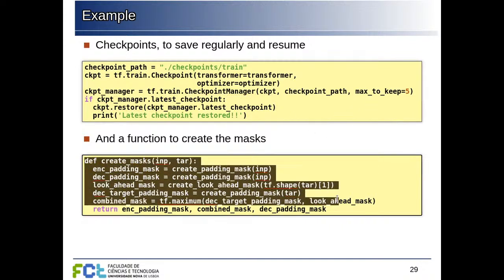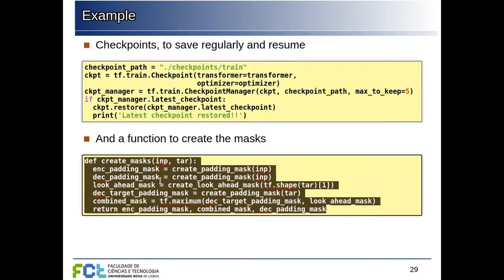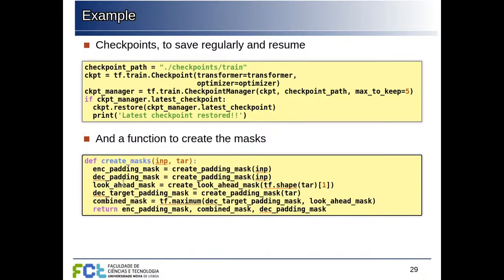We need also to create the masks, so you need to create the padding masks for the input into the encoder and the decoder. We need to create those look-ahead masks when we are generating the sequence. We don't want the decoder to look at the next token that will come up. But basically this is just a utility function to combine these masks.